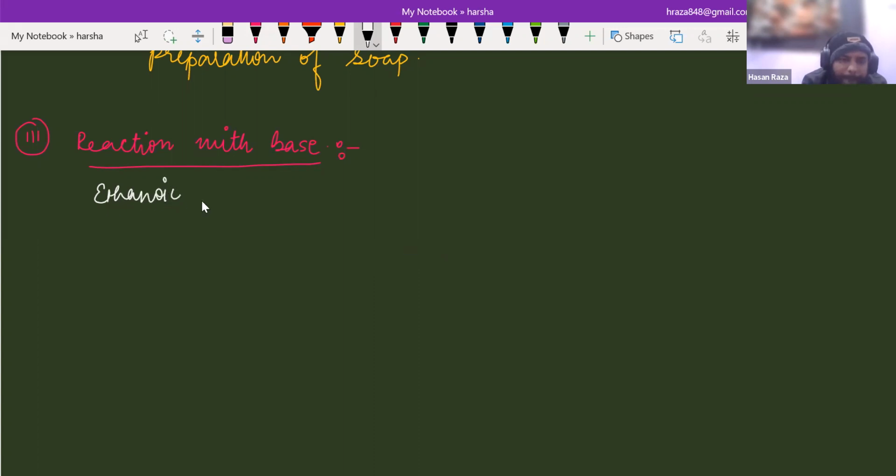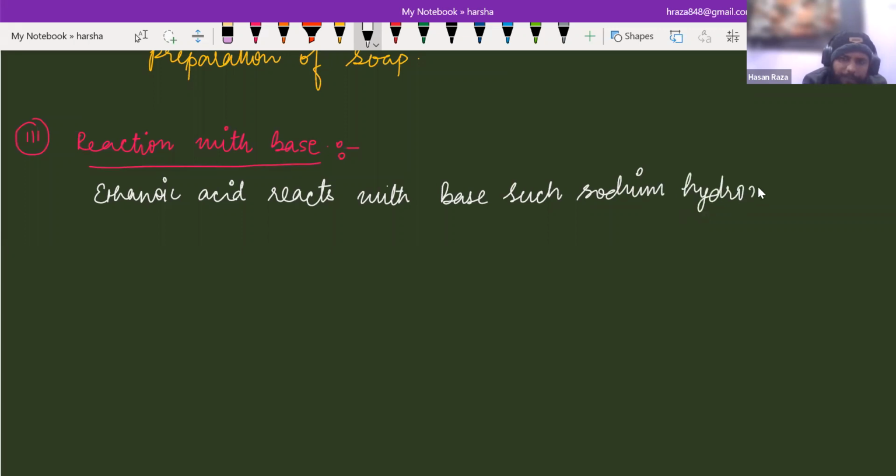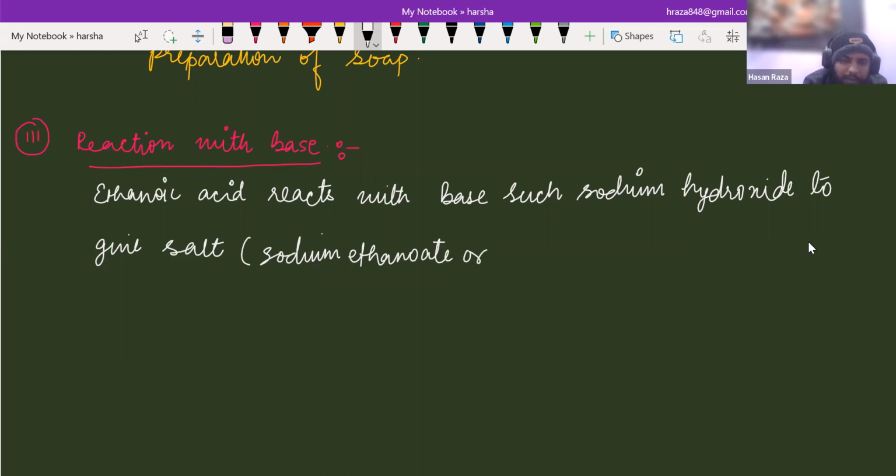Ethanoic acid reacts with a base such as sodium hydroxide, or you can take potassium hydroxide also, to give salt, which is commonly called, either its IUPAC name is sodium ethanoate, or its common name is sodium acetate, and water, salt and water.